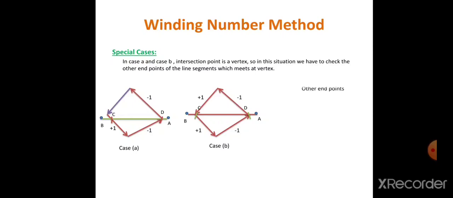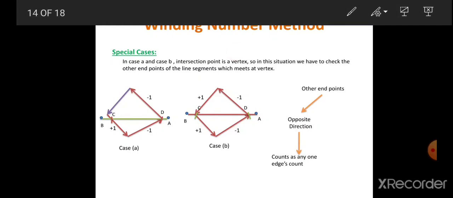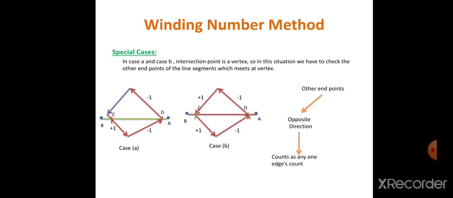Now I will consider the other endpoints such that if they are in opposite directions then we count only one edge count. You can see here it is in the opposite direction. So we will take any one edge count, meaning either this -1 or this -1. We have to consider only one value, not both values.